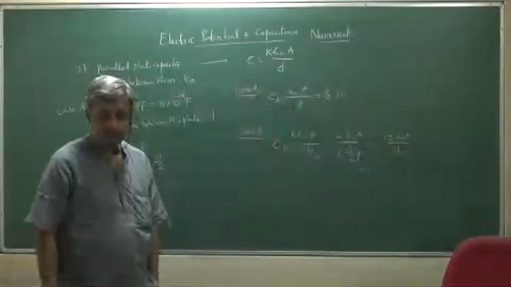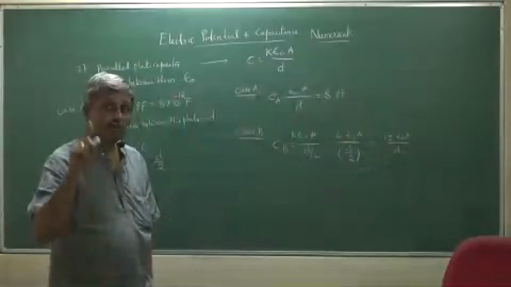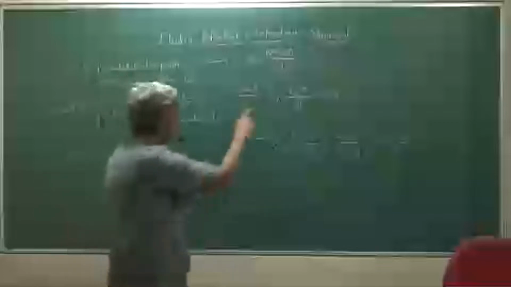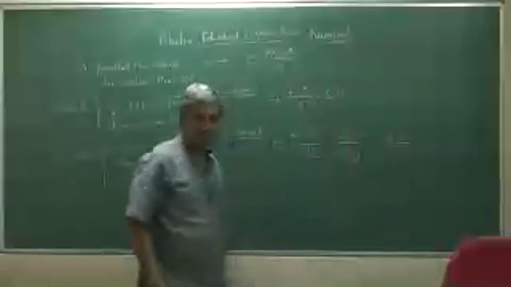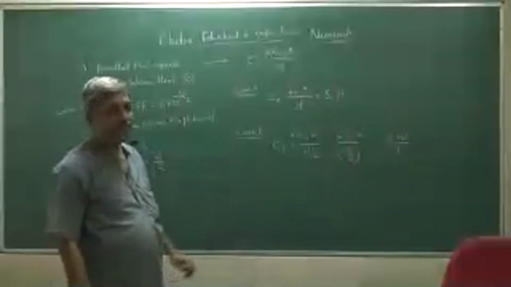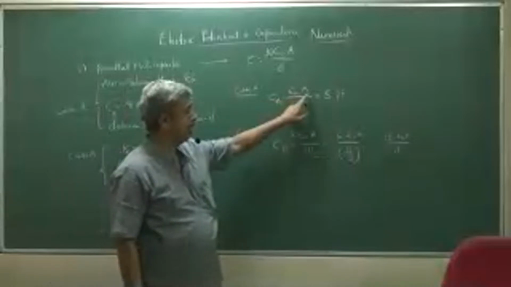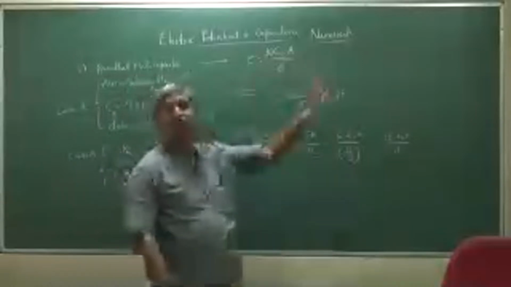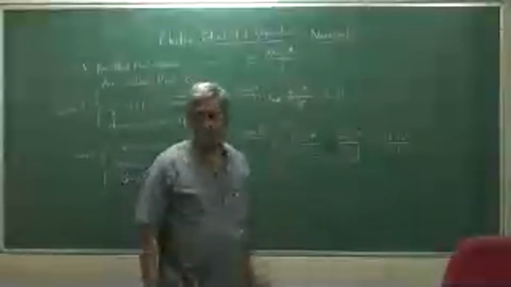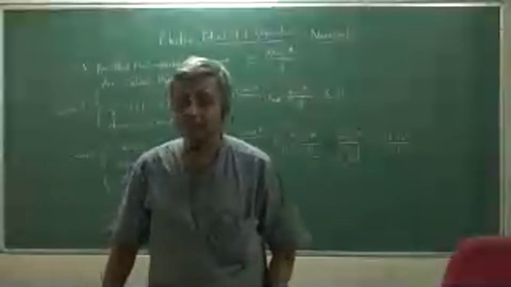But we know that epsilon naught A by D is 8 picofarad. Whenever we multiplied epsilon naught into A divided by D, with whatever values of A and D we had, we got 8 picofarad in the first place, right?